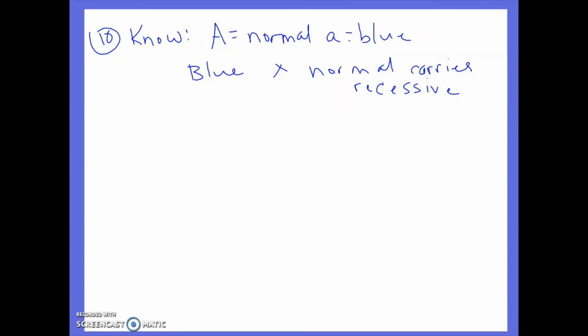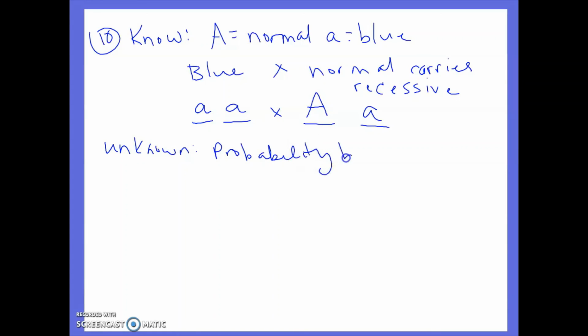Whenever we're looking at this, we'll assign the genotypes of the parents. Our blue person would be homozygous recessive, and then the normal person has the dominant allele, but they also carry the recessive trait, so it would be a little a. The question, or the unknown, is what's the probability of a blue child? So this is the question that they're asking.